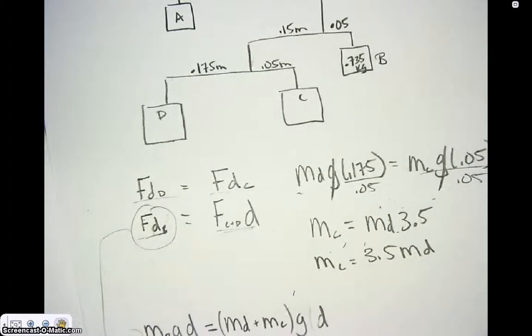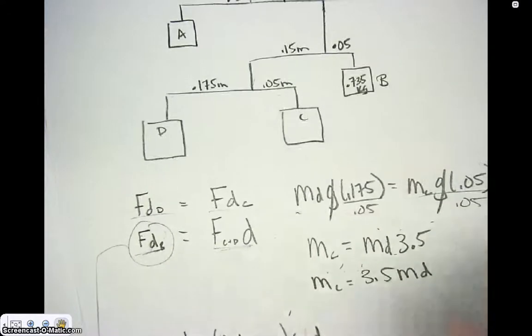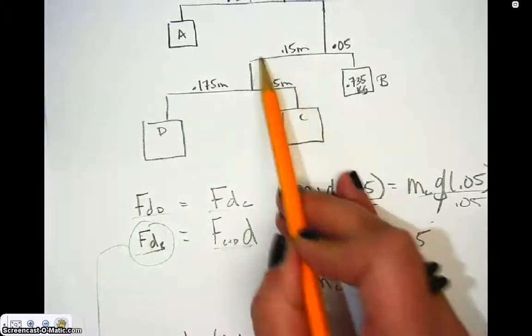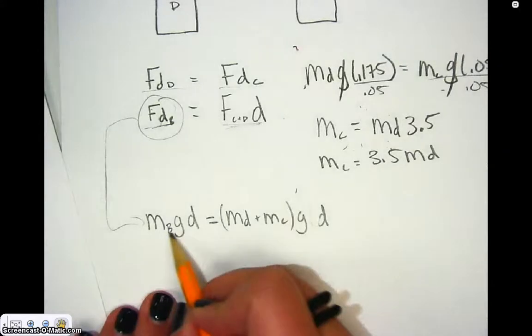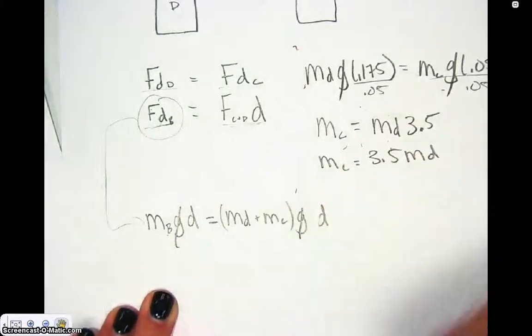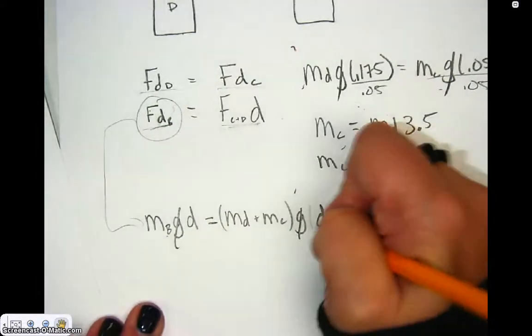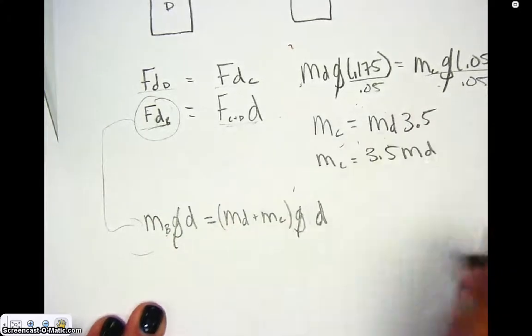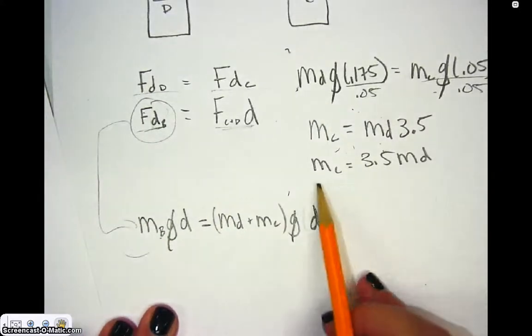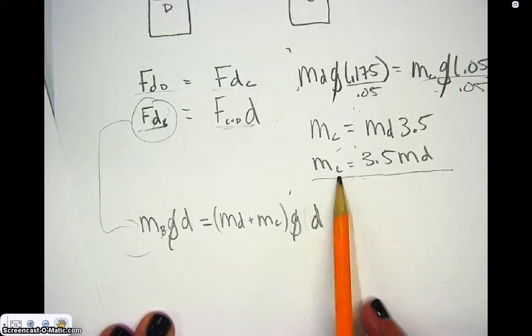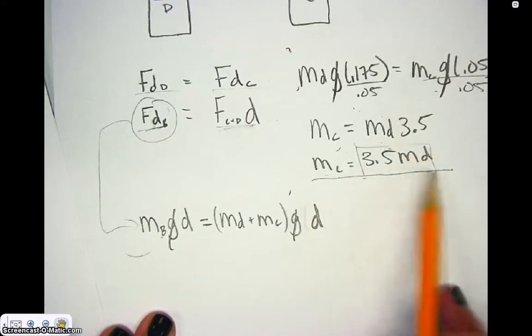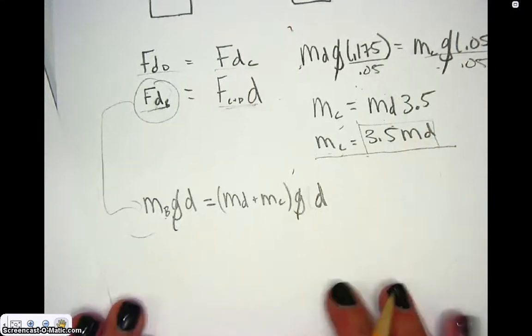So really we're saying this whole thing together times 0.15 is equal to this whole thing together times 0.05. The gravity cancels, so this torque is equal to this torque, and we've used the previous equation to eliminate C. So I can plug this in for the mass of thing C.